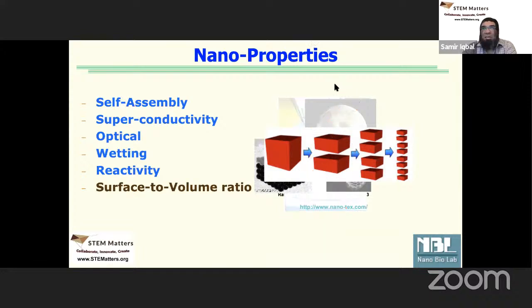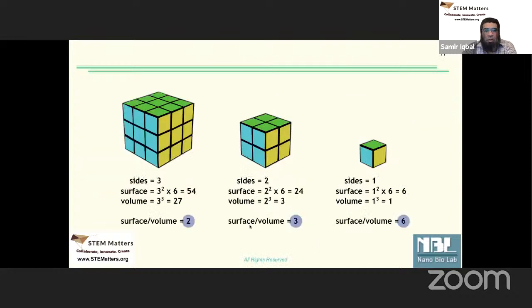Sorry about that. So now I take you to a simple calculation. We start with the big cube. It looks like a Rubik's cube. You know what a Rubik's cube is, right?